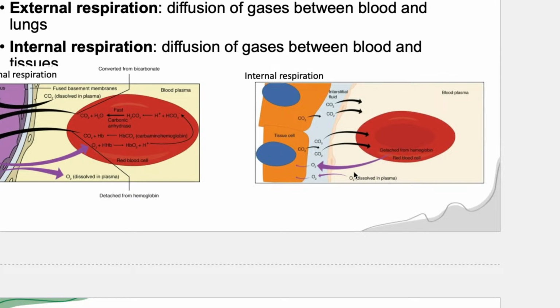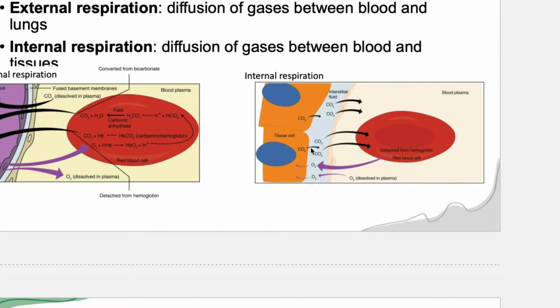All right, so here we go. A ton of the oxygen is being released, as we can see from the size of the arrow, from the hemoglobin, and only a little bit is being released from the plasma. And we can see here how much CO2 is being released into the plasma, and how much is being put onto the hemoglobin.